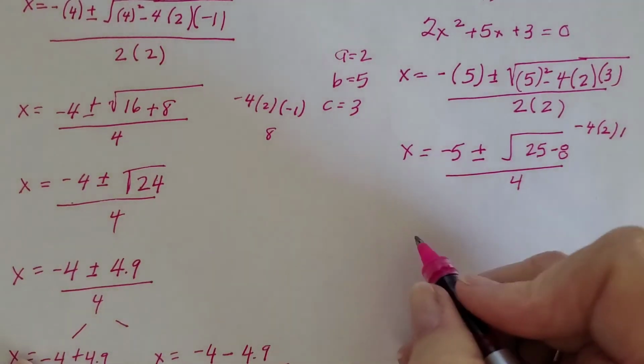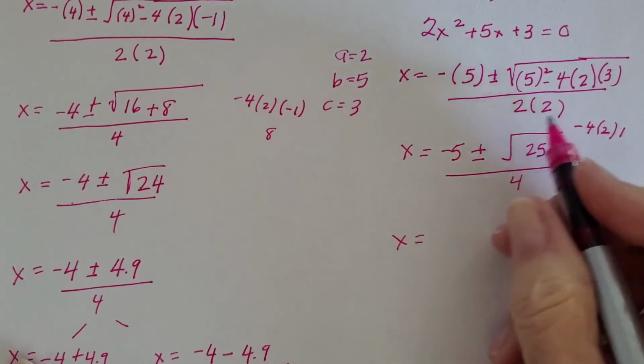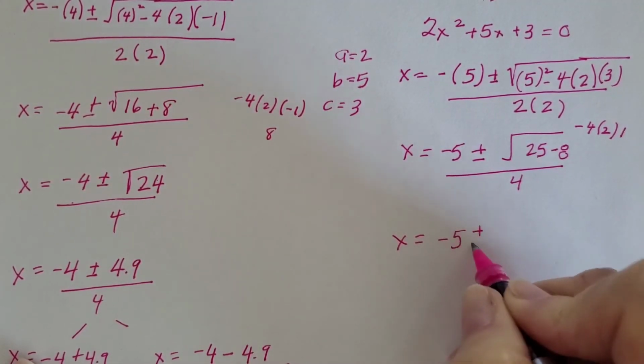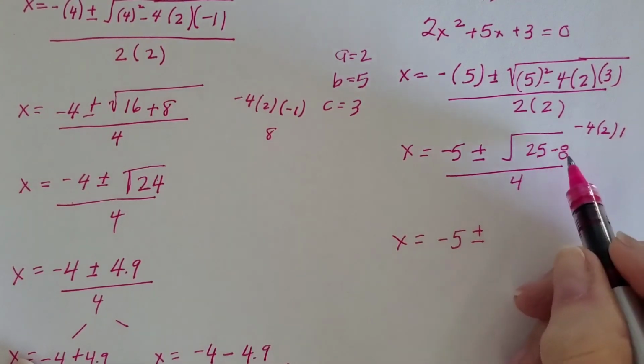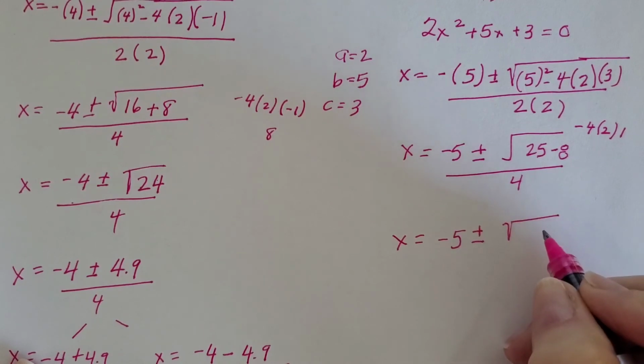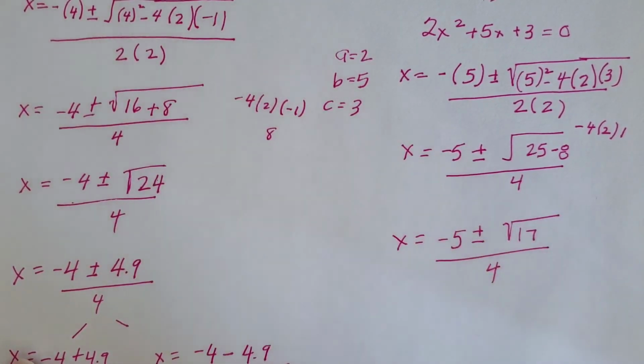Okay. The next thing we can simplify is in the radical sign. Radical sign is like a grouping symbol, so we need to simplify that first. Plus or minus. 25 minus 8 is 17, so we're looking at the square root of 17. All of that's divided by 4.